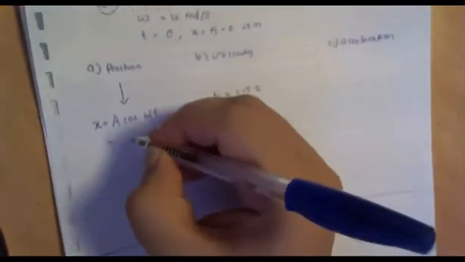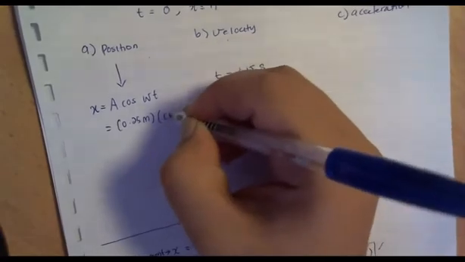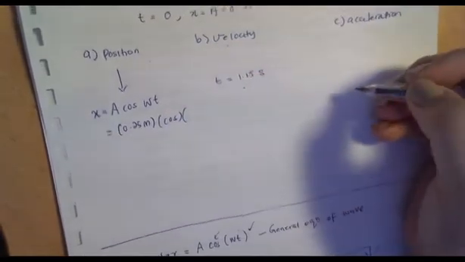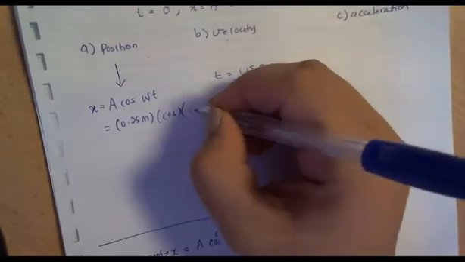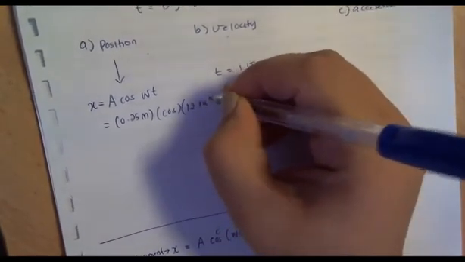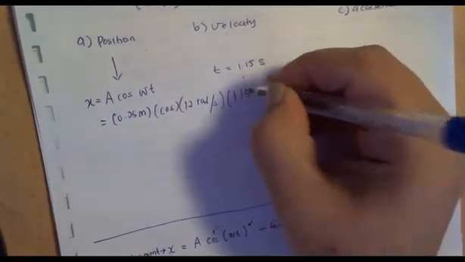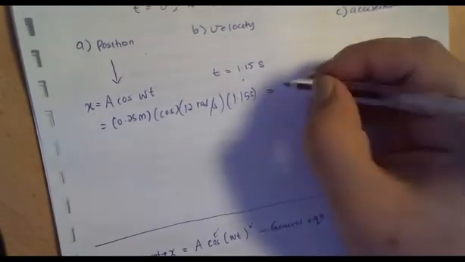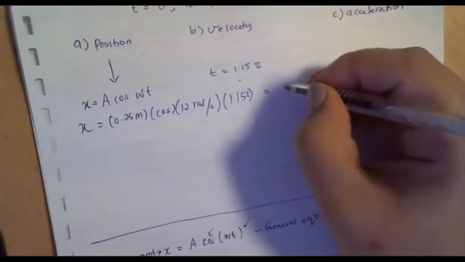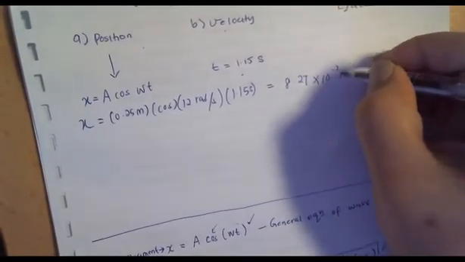My A is equal to 0.25 meter, which was given to you, cos, and omega is also given, 12 radian per second, and time is 1.15 second. You will finally get the value of x equal to 8.27 times 10 to the negative 2 meter.